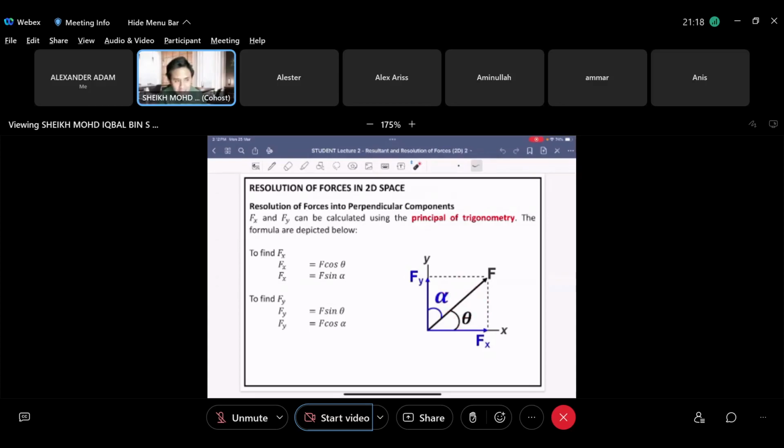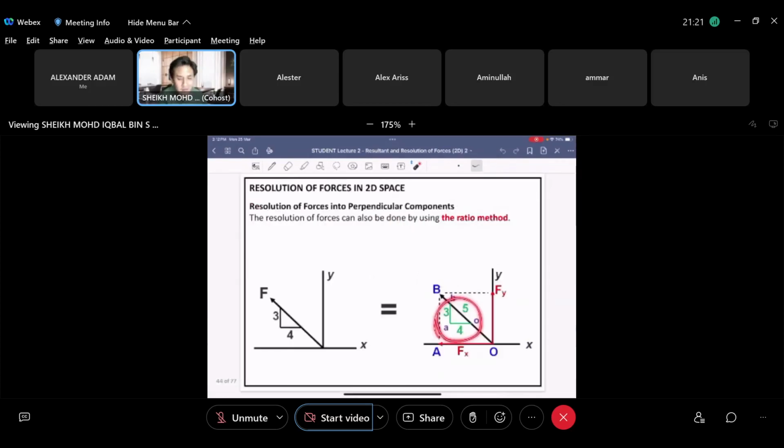If the ratio is already given, you don't have to calculate the angles and so on. During the last final exam, I gave both the ratio method and a complicated way to calculate the angle. And the students still calculated the angle, even though it takes time and is more complicated than just using the ratio method, right?